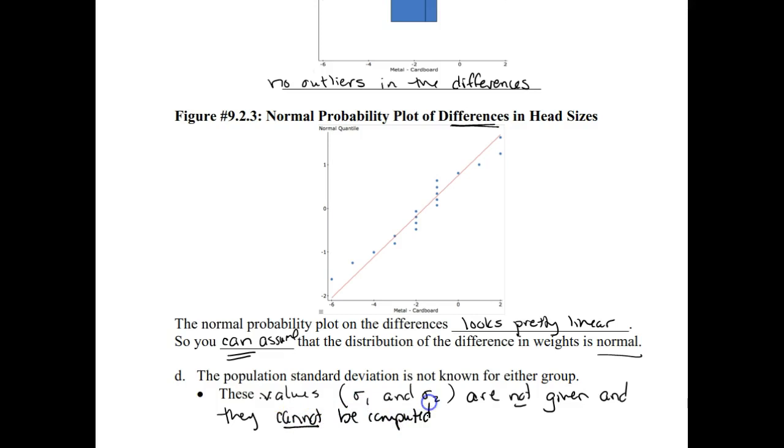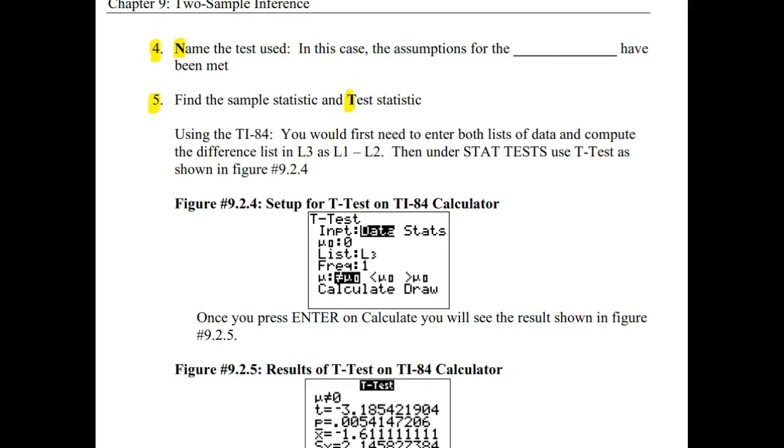We were given data, but it's sample data. So these are not given, and they cannot be computed from the sample data. All right, so our fourth step is to name the test. If those conditions were met, we can run a paired t-test.